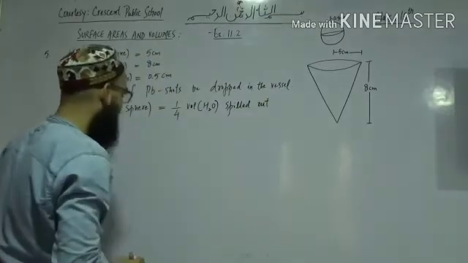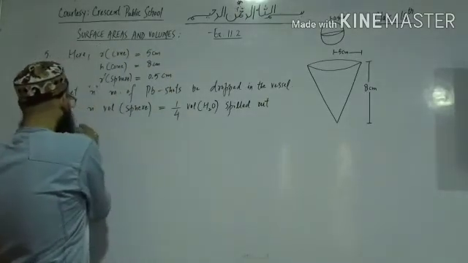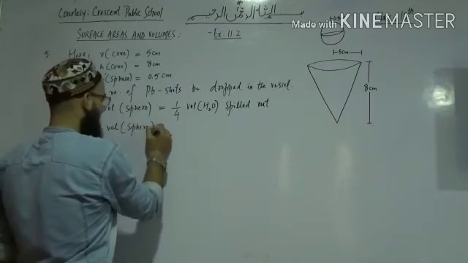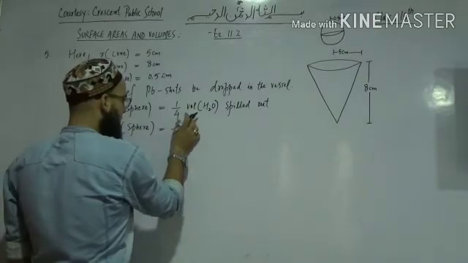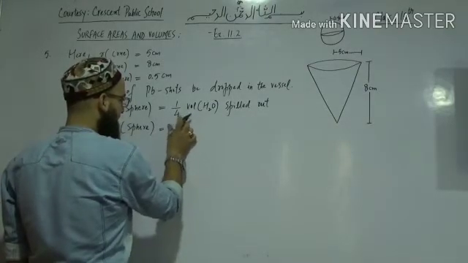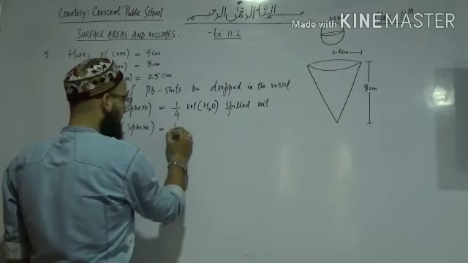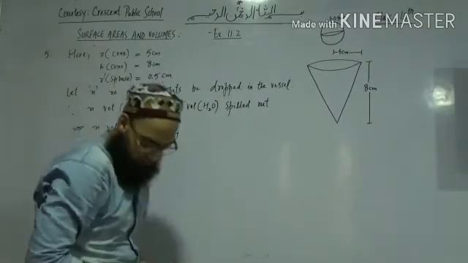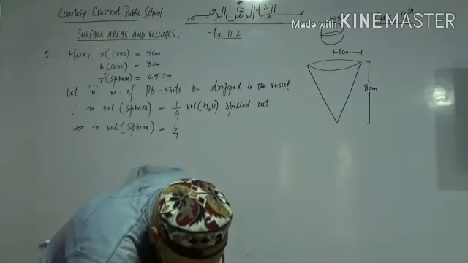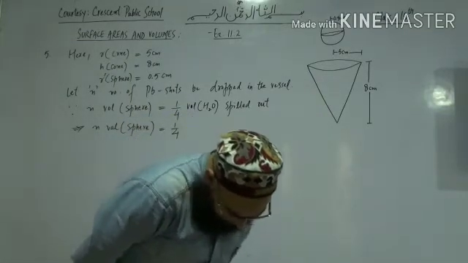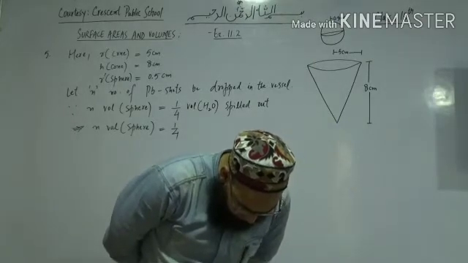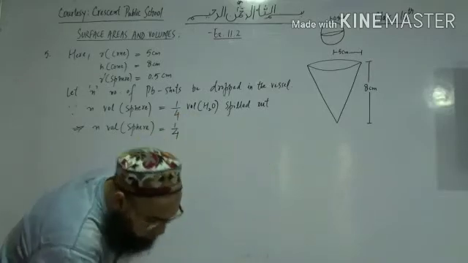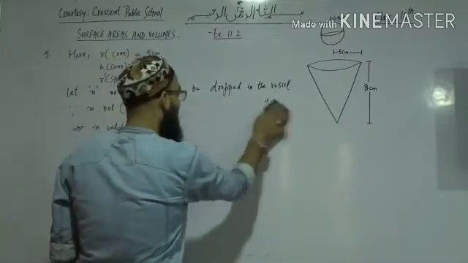like this, which implies that n times volume of sphere is equal to 1/4 volume of water. What it says is 1/4 of the water flows out.